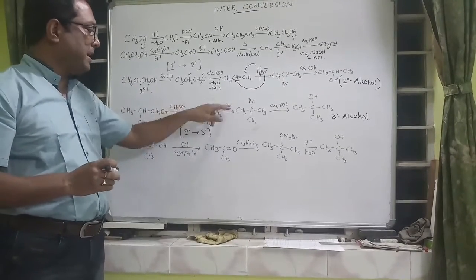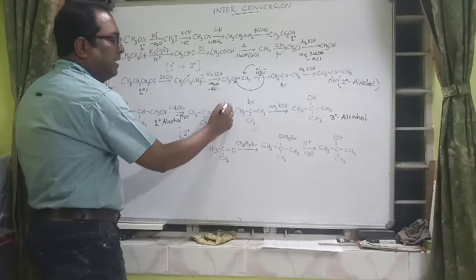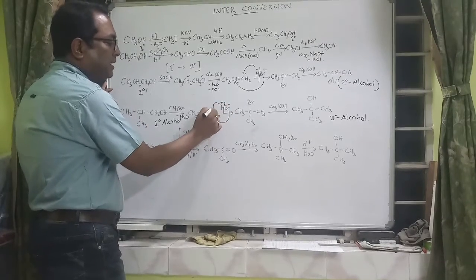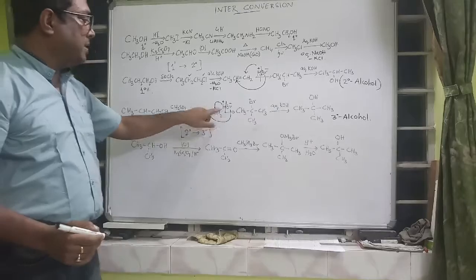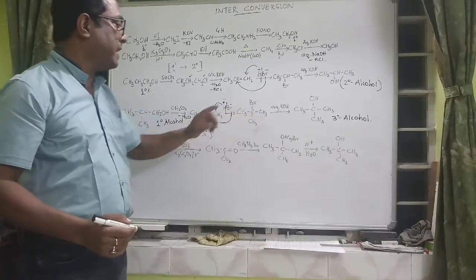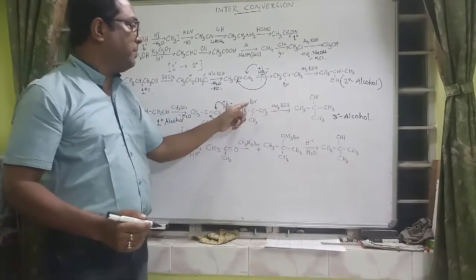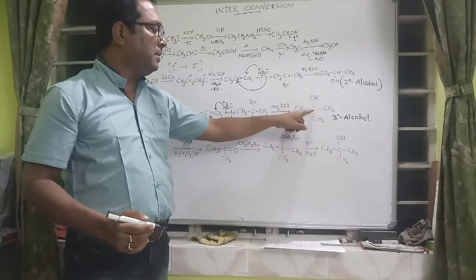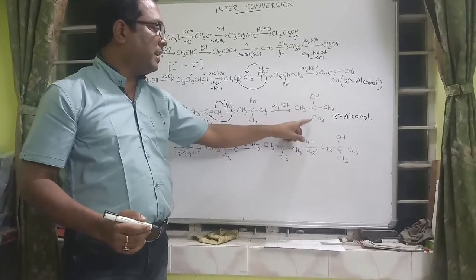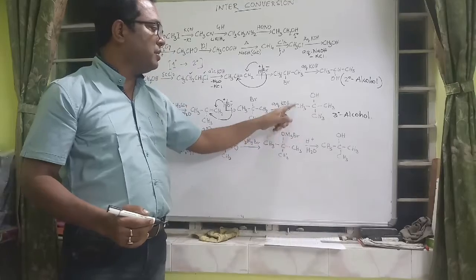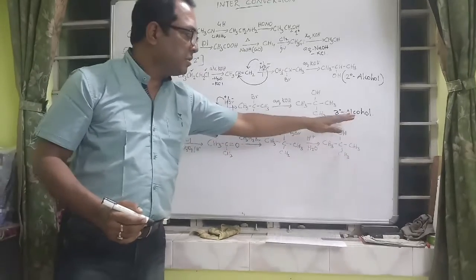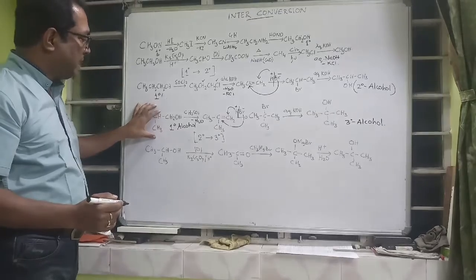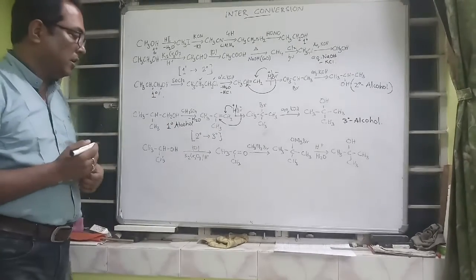So here Br goes, because Br is negative, hydrogen is positive, Br goes to that carbon that contains a lesser number of hydrogen, and this H comes with the CH2 from CH3. With aqueous KOH, Br will be replaced with OH, and you can see this is the alpha carbon containing 3 CH3, so this is a 3 degree alcohol, but here this carbon contains only one alkyl group, so it is 1 degree alcohol.